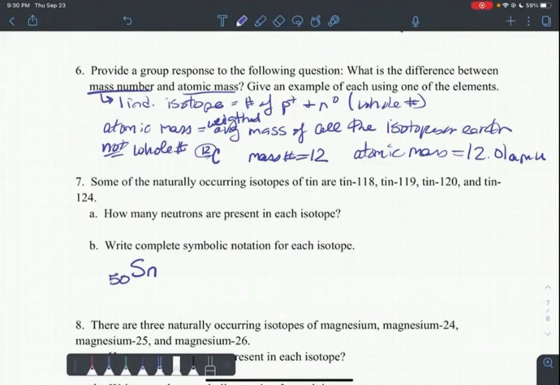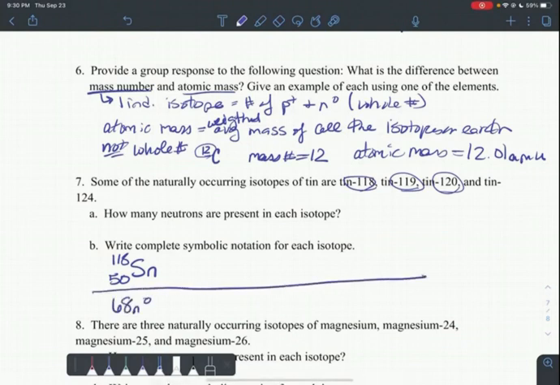So then look at your isotope name, mass number, right? And then to get my number of neutrons, all I do is subtract the two and I get neutrons.